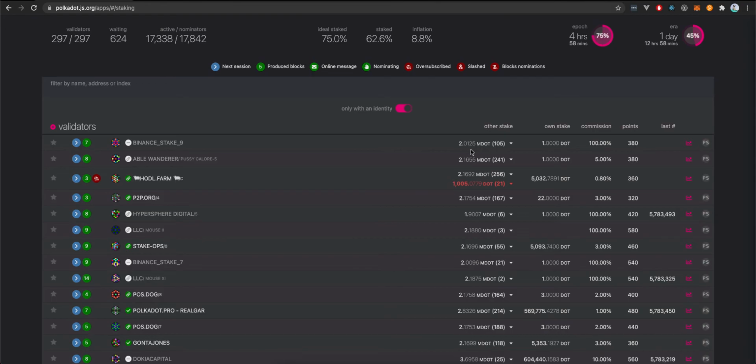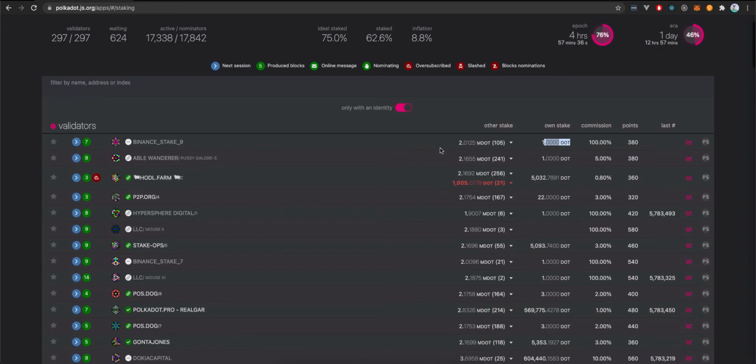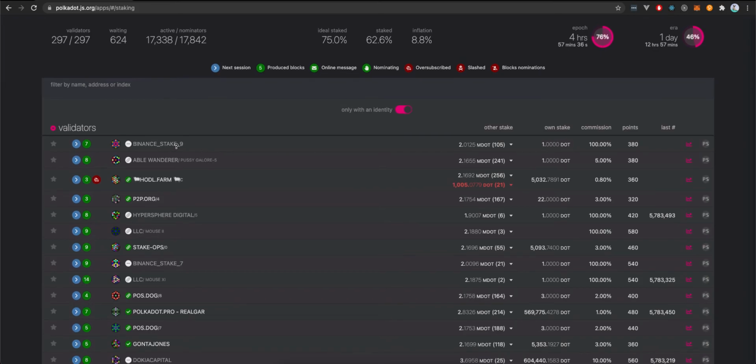So if something goes wrong with Binance, if one day Binance is hacked or the Binance node misbehaves, the maximum it is going to lose is a single DOT, just one DOT. That's how much Binance put inside. But everyone else is going to get slashed. Again, a slash could be 1%, 10%, depending on the problem the validator actually caused.